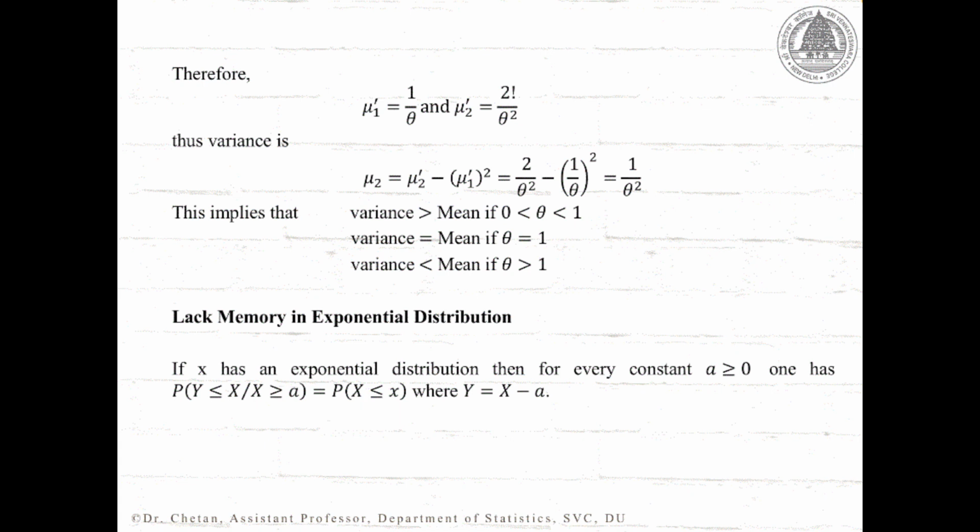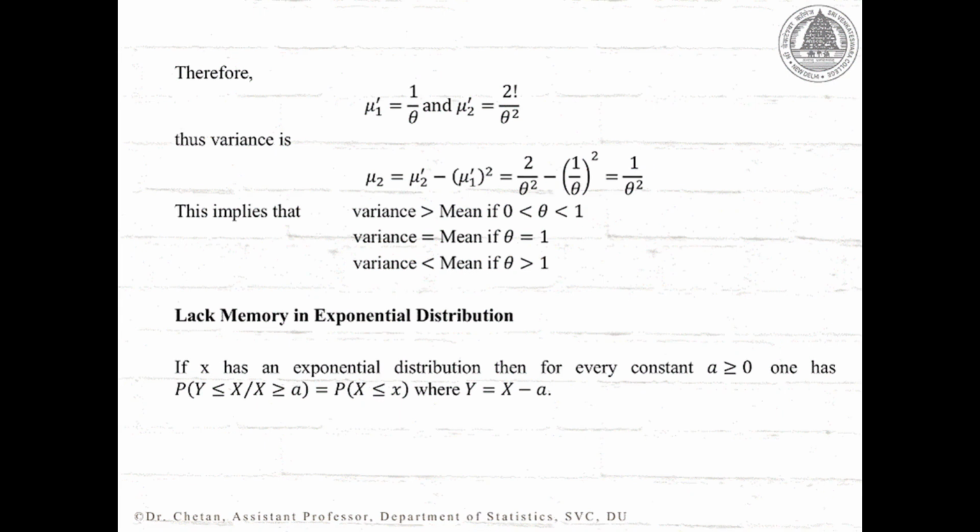Now, the exponential distribution has the lack of memory property, which tells us about the conditional behavior of an exponential random variable. It is one of the key results which we will use in deriving the solution of queuing systems, another topic in the field of statistics, which we will study in future classes.